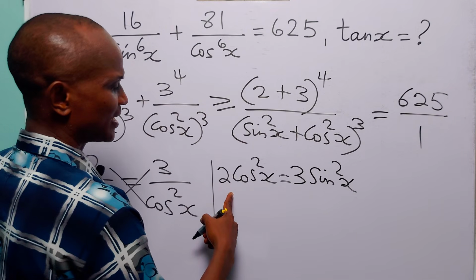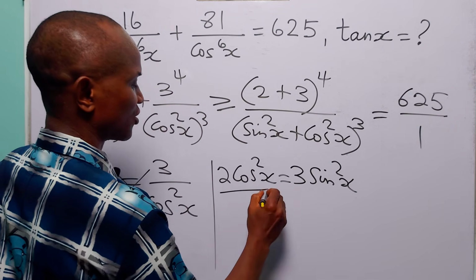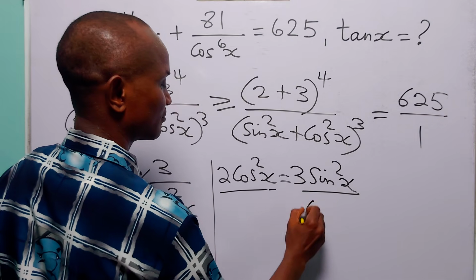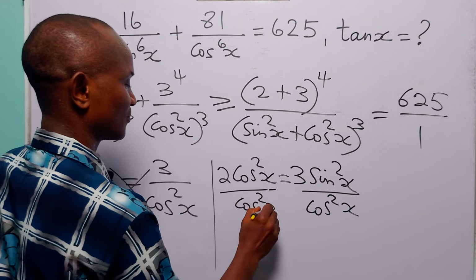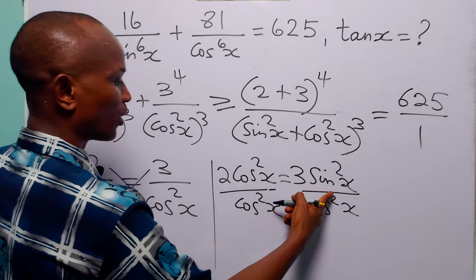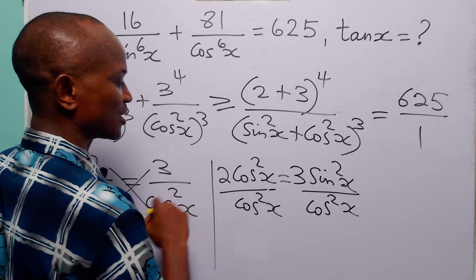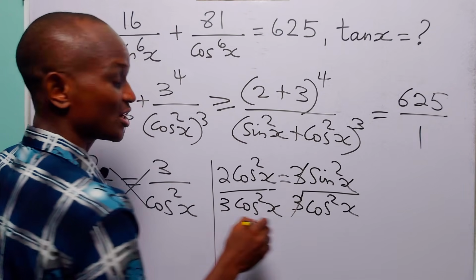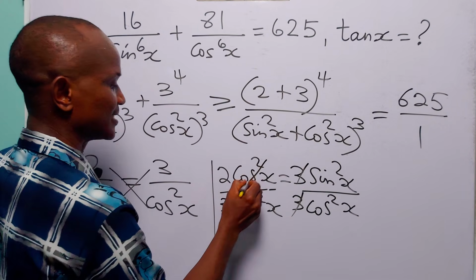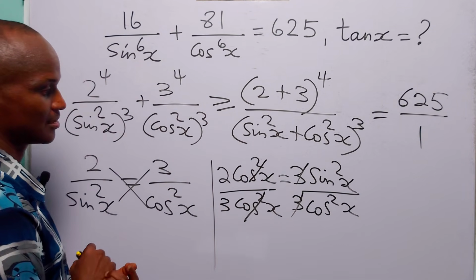Now, when we divide both sides of this equation by cos squared x, and we also divide both sides of this equation by 3, this is going to cancel that, and this is going to cancel that.